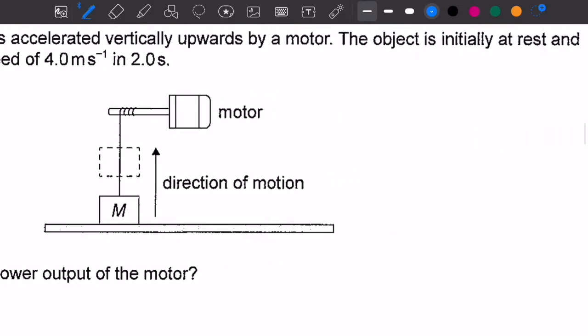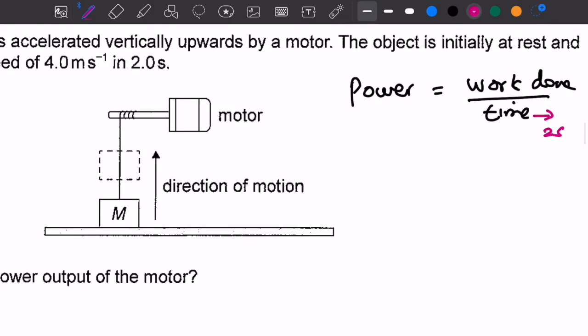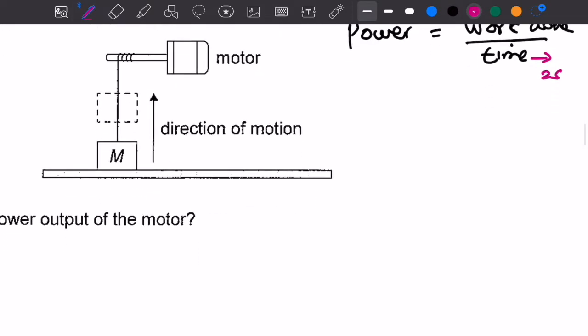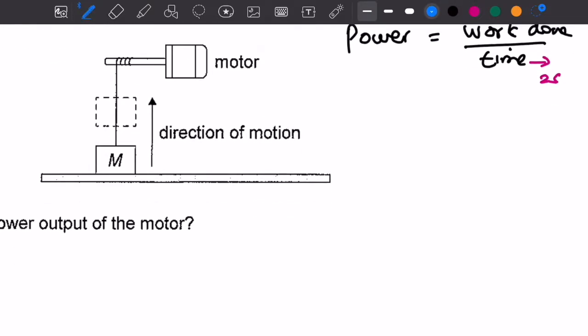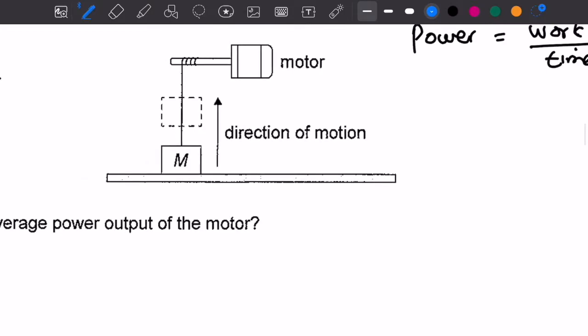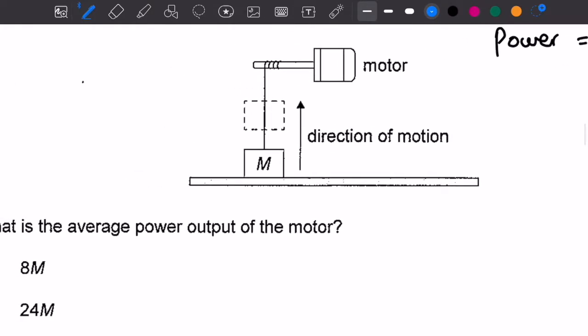Here again we need to understand a basic concept. What is power? Power is how much work is done in how much time, right? Time is no problem here. This is 2 seconds. The problem is how much work is done. Work is done in two different ways. One, to store gravitational potential energy. Second one is to create kinetic energy.